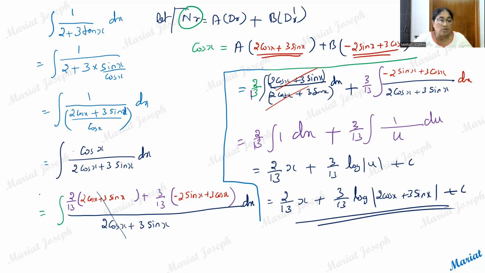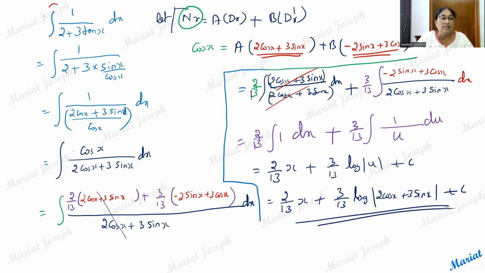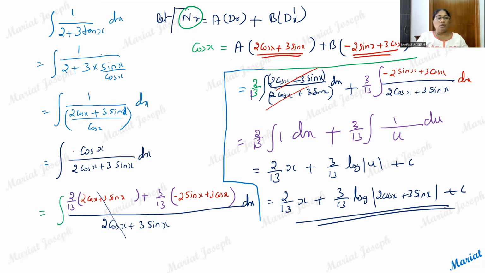In fact, this is one question of your textbook. From the exercise questions in 7.2 itself, look into the textbook. Do you have a question 1 upon 1 minus tan x? Do you have a question 1 upon 1 plus cot x also? Question number 18.